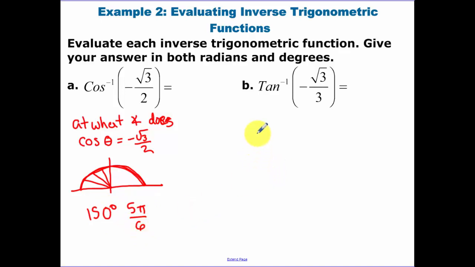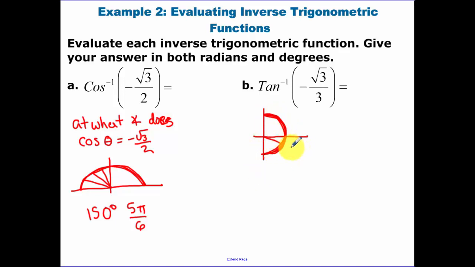Now tangent. Where is the tangent negative root 3 over 3? At what angle does the tangent equal negative root 3 over 3? Inverse tangent, remember, is quadrants 1 and 4. Just in quadrant 4, these are negative.